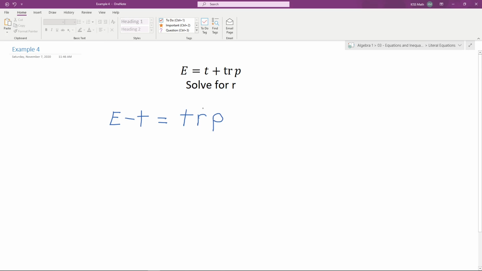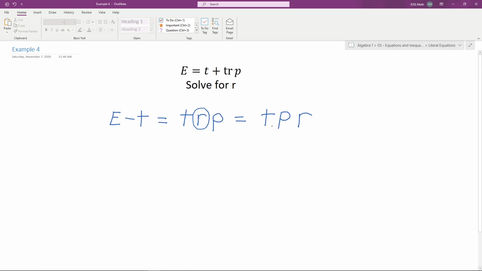And so in order to isolate the R here, I need to divide both sides by the T and the P. So we can do that together, because another way to write this is T times P, or TP, times R. And remember, with multiplication, it doesn't matter the order you write these things.